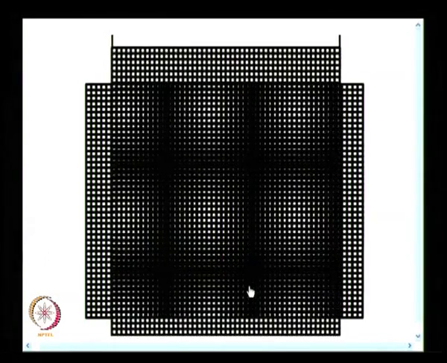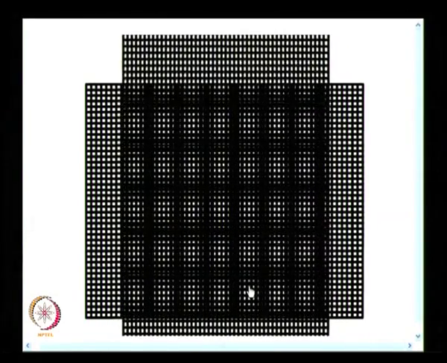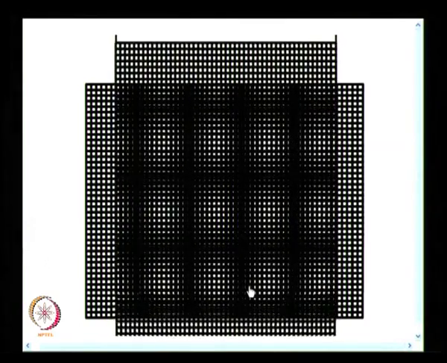And strain is a tensor, once I get displacement information, I can also find out the slope, that is nothing but the strain. And if I want the strain tensor, I need three pieces of information. People have also developed a grid at 45 degrees superimposed over that.